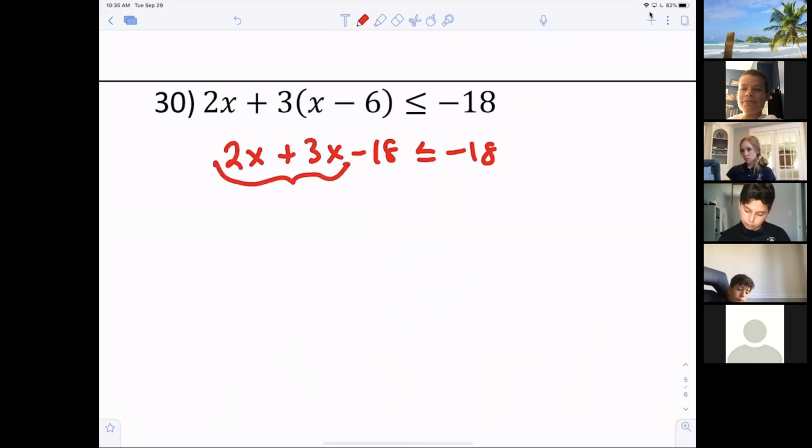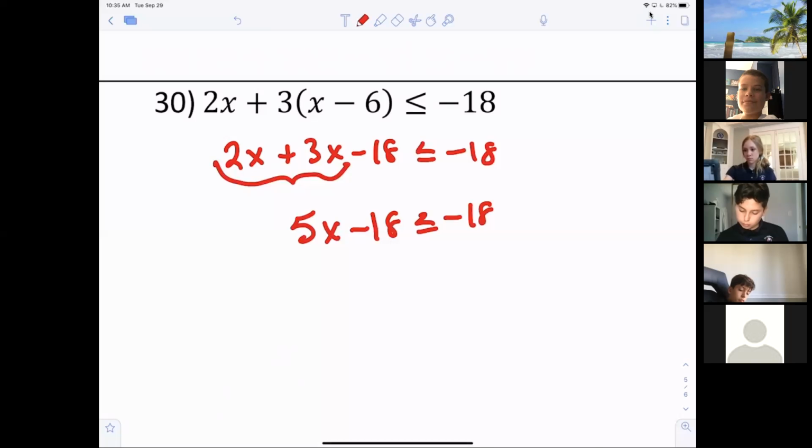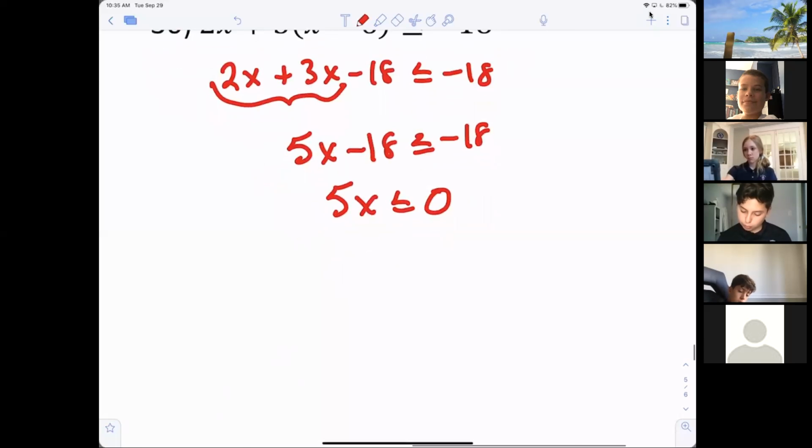Combining terms, right? Now, when you're adding 18, that becomes 0. And so now we just say x is less than or equal to 0.